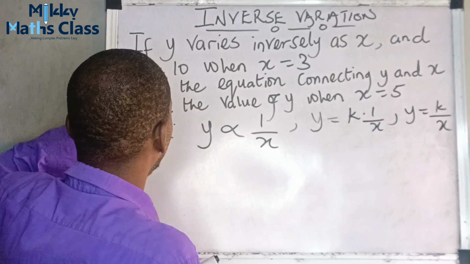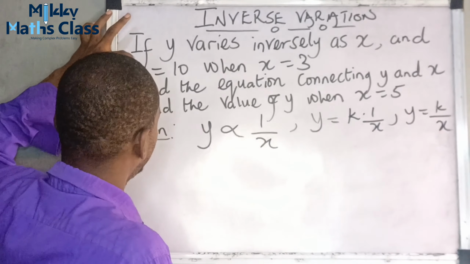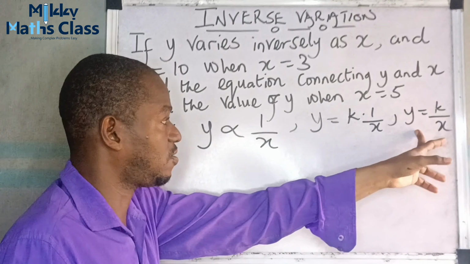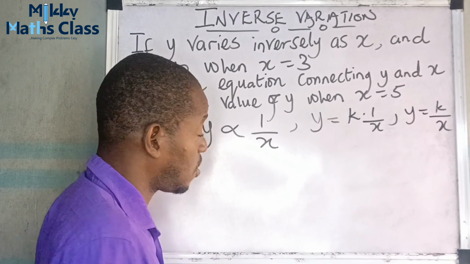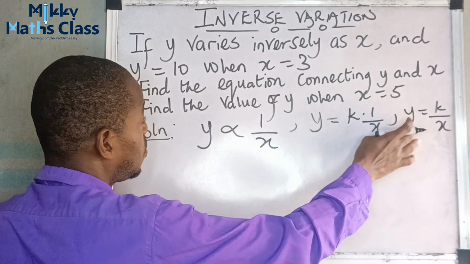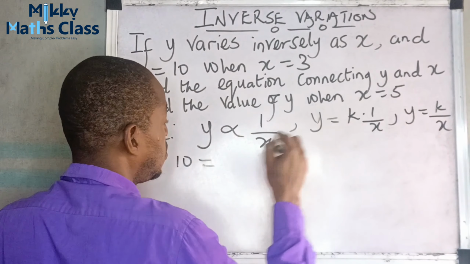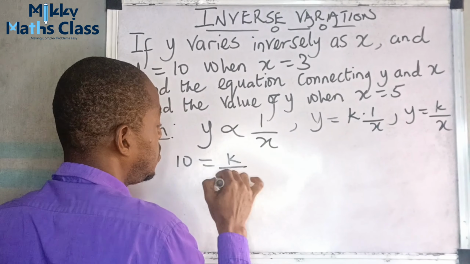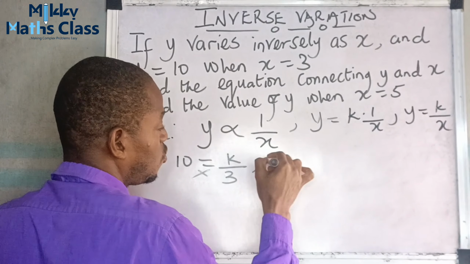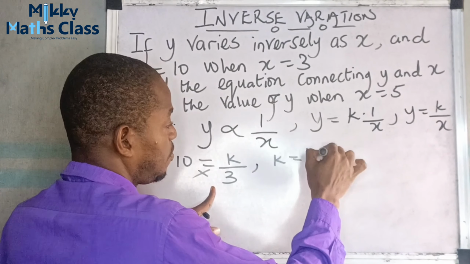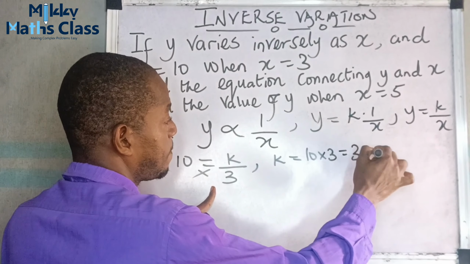Okay, so the first thing we are given, y is 10, x is 3. We use it to find our constant. So whenever we see y, we put 10. So this is 10 equals k over 3. Here we cross multiply. So our k will be equal to 10 times 3, which is 30.